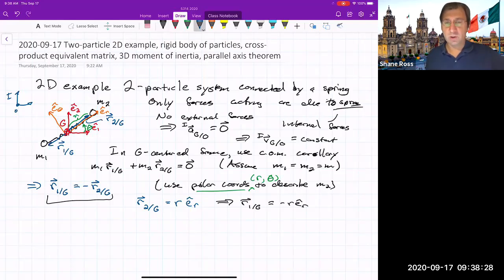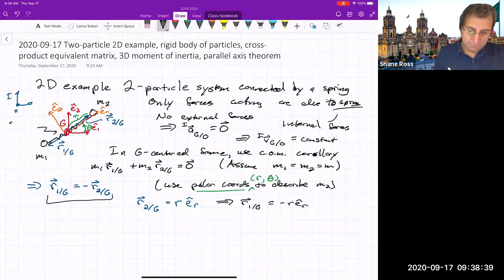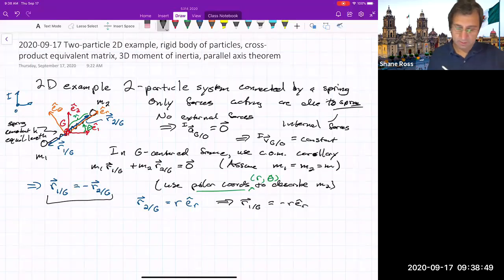What else can we do? Well, we could write the force. This is a spring. Let me say something about this spring. The spring has a spring constant K and an equilibrium length, we'll say L naught, just like we did for the 1D example.